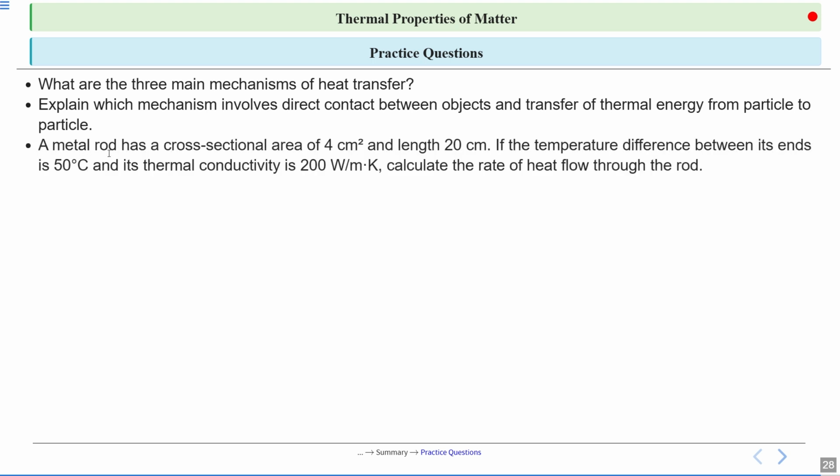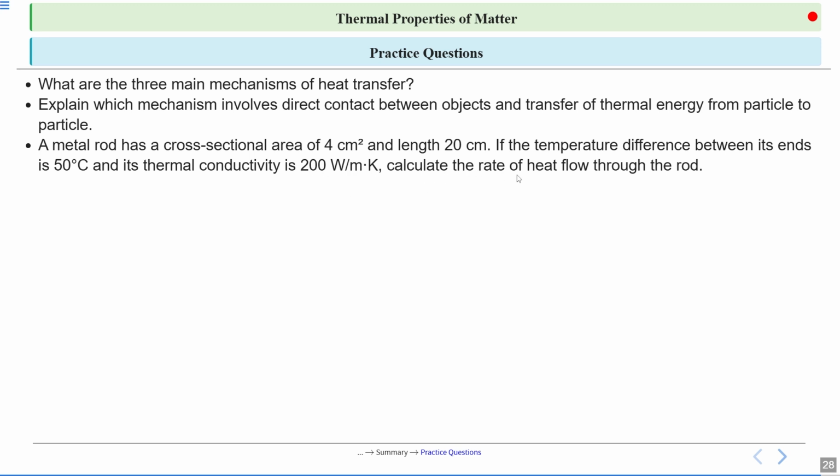Third, a metal rod has a cross-sectional area of 4 centimeters squared and length 20 centimeters. The temperature difference between its ends is 50 degrees Celsius, and its thermal conductivity is 200 watt per meter per Kelvin.